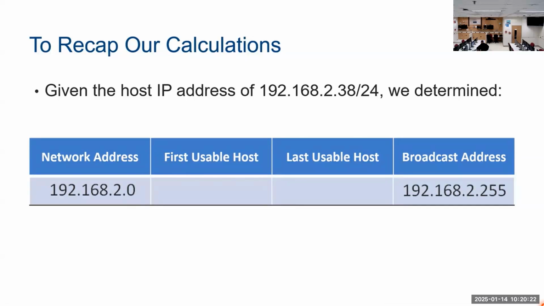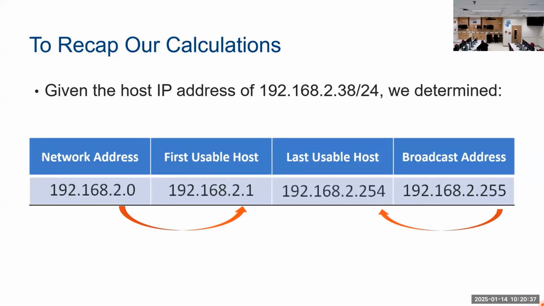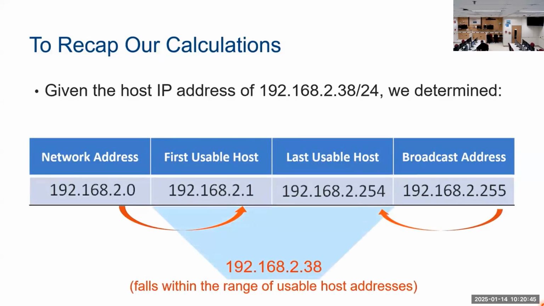Again, keeping the network portion the same but changing the host portion, we determined that the usable host range for assigning addresses to devices on this network is 192.168.2.1, which is 1 number up from the network address, and 192.168.2.254, which is 1 number down from the broadcast address. You can see that our original host IP address falls within this range.